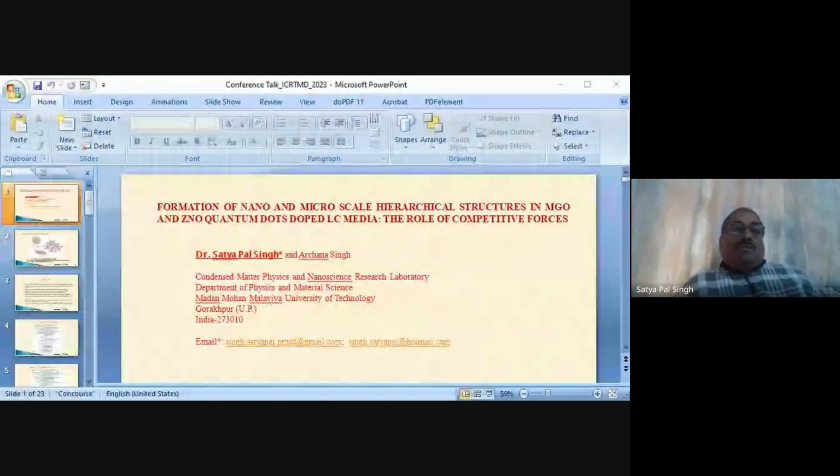So the first question is, what do we mean by hierarchical structures? Hierarchical means we first prepare quantum dots separately. We allow them to self-assemble in the presence of some media. Their aggregates are prepared. We can have different designs: nanowires, quantum dot wires, and then of course ring-like structures.